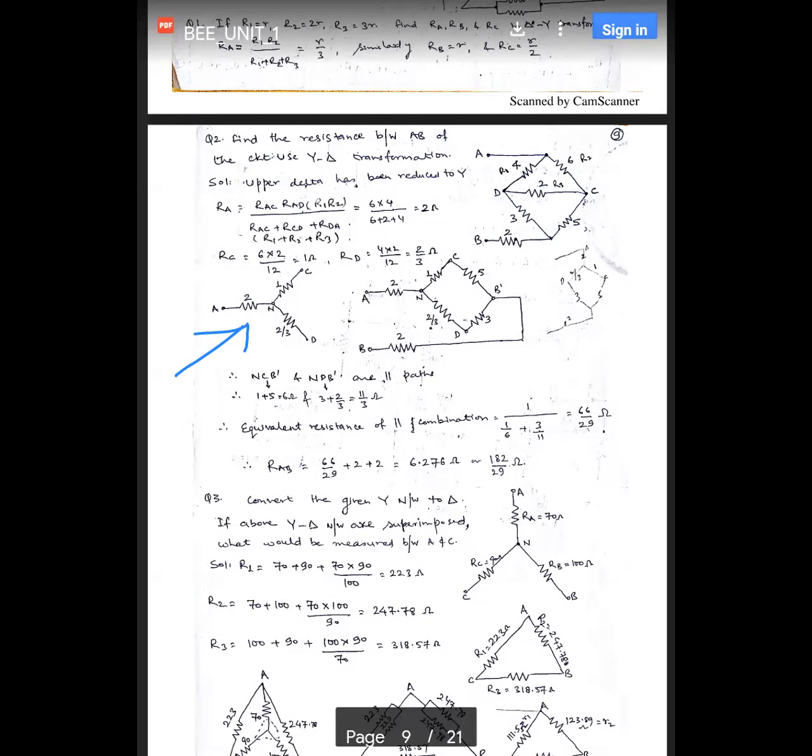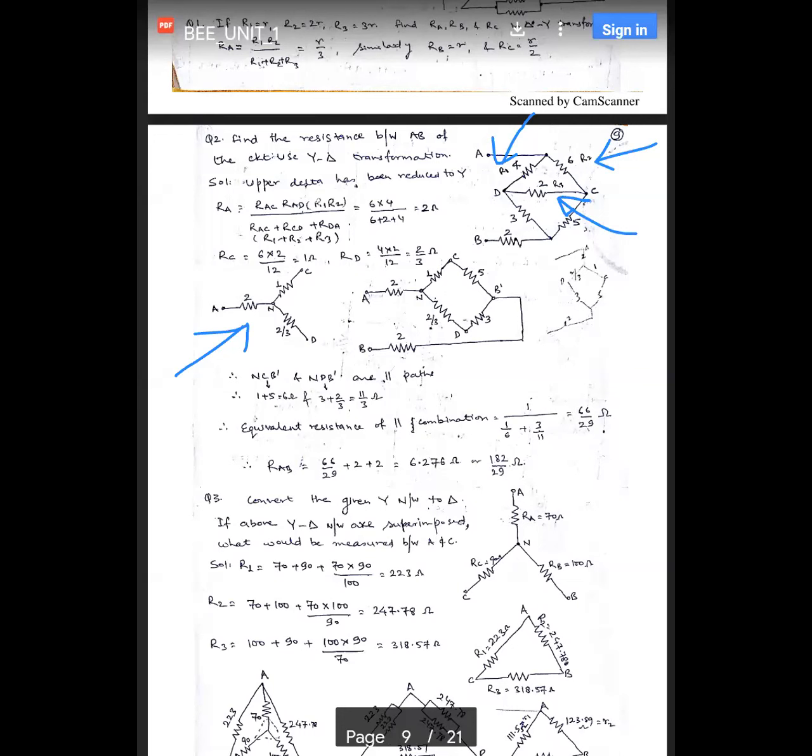For your convenience, I have marked this resistance as R1 and this R2 and this R3, just so that the numerical is clear to you. Otherwise it will not be given. It is your assumption. You can assume whichever resistance as R1 and whichever resistance as R2, R3. Just because we are doing this first numerical, so that things are easy at your end, I am doing this.